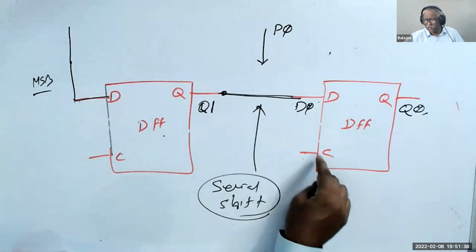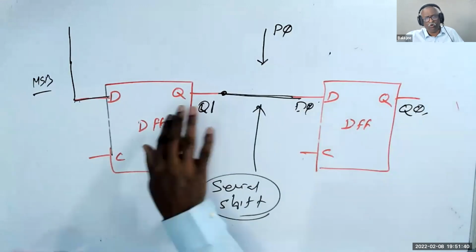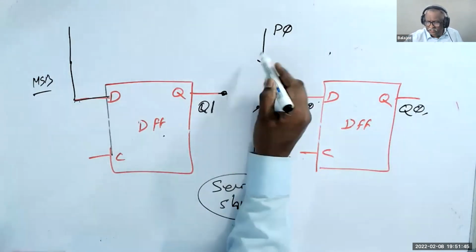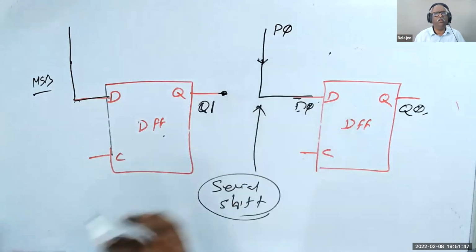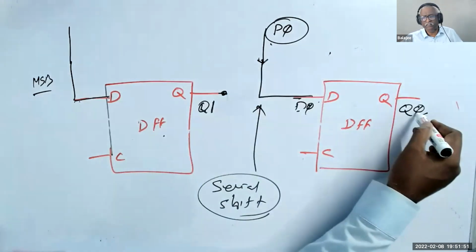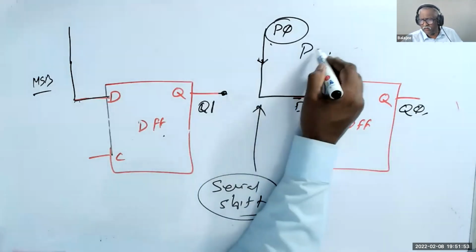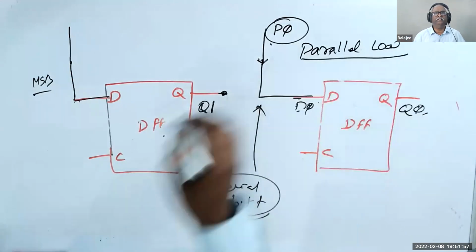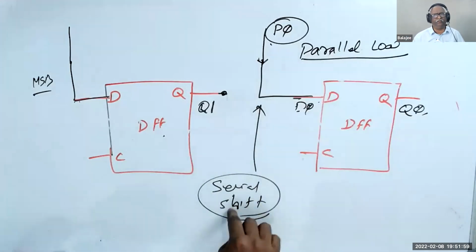Whenever C comes, the D goes to Q. So it goes like this. But when I connect like this, that time the P goes to Q0. This is called parallel load. This is called serial shift.